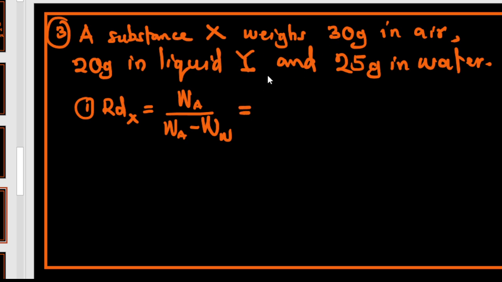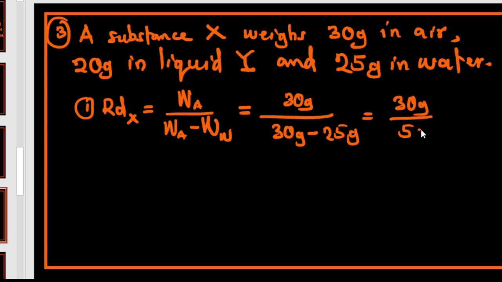What they gave you are masses, but don't mind here because you don't need to convert to newtons, because this is a ratio of weights, so it can also be replaced by a ratio of masses. So we have 30 gram over 30 gram minus 25 grams, so that gives 30 gram over 5 grams. That gives us 6.0. Now the relative density is 6.0.